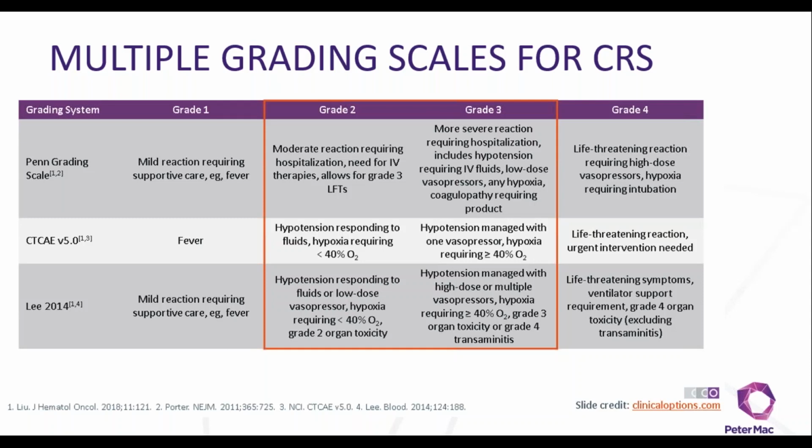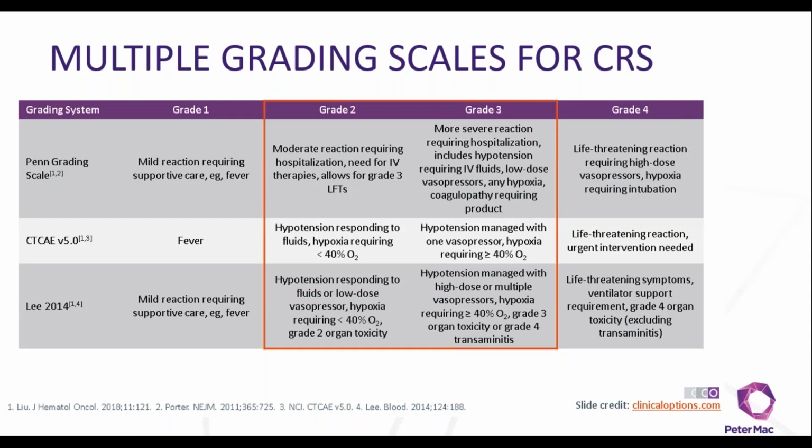And like I mentioned before, the key emphasis is on having a broad knowledge about these toxicities so you can identify and manage them. All right, so take the emphasis off which grading scale you are following and just apply the concepts really broadly is my advice.